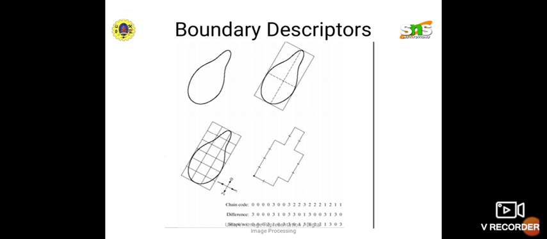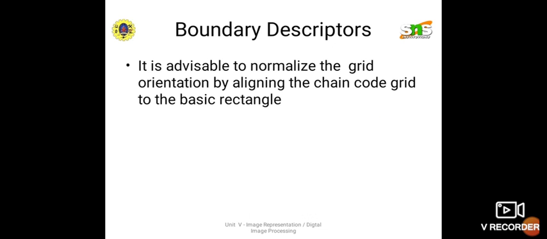The third diagram shows we draw grids, and from the grids we sample points to form a shape somewhat similar to the first shape given. From this, based on the directional change, we form the chain code. From the chain code you can find the difference code, then the shape number, and so on. Thank you.